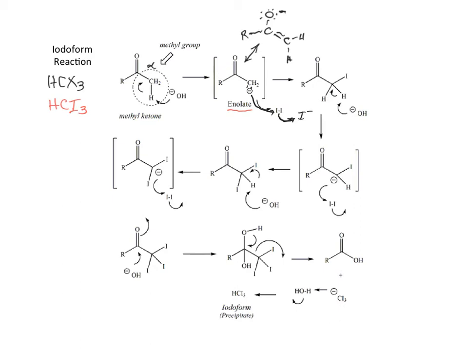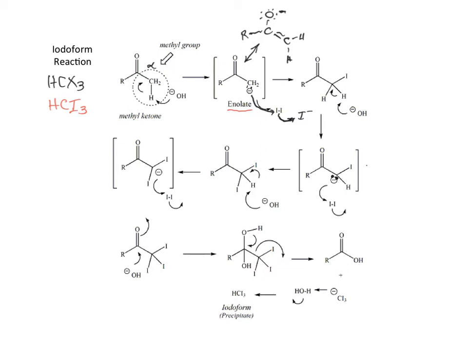And so you end up with an iodomethyl ketone. But now we've created a situation again where there are hydrogens on a carbon next to a carbonyl. Those hydrogens are more acidic than we would expect, and we do it again. Hydroxide ion as base takes a hydrogen ion, leaves an unshared pair of electrons.